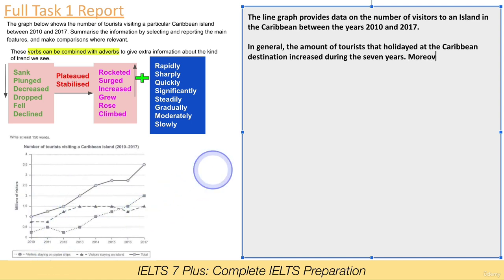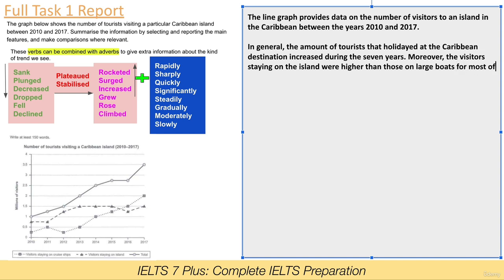So we could say, moreover, the visitors staying on the island were higher than those on cruise ships or on large boats, for a different word, for the majority of the years.